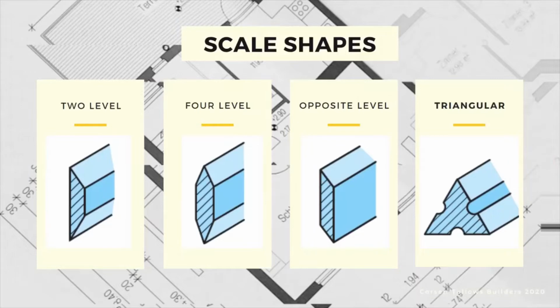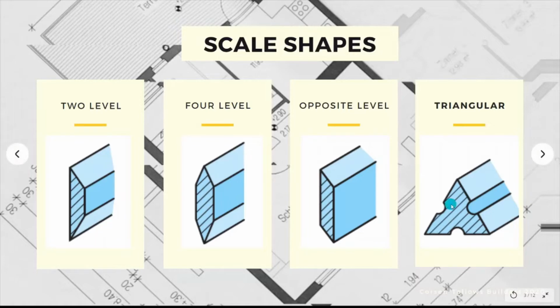So scale shapes, we have 4 different scale shapes. So kanang nakita ninyo ganina, mao tang usa ka sample of a triangular scale shape, and we have other shapes like the 2-level shape, 4-level, and ang opposite level. Pero the triangular scale is commonly used in drafting and has different scale calibrations on each corner of the triangle, and this is commonly used here in the Philippines.